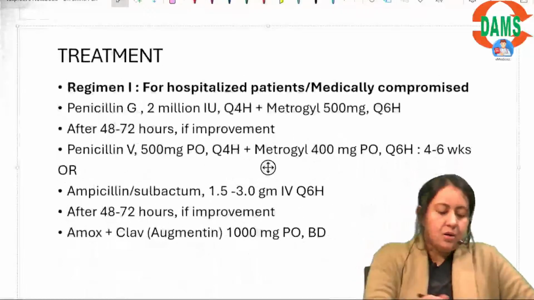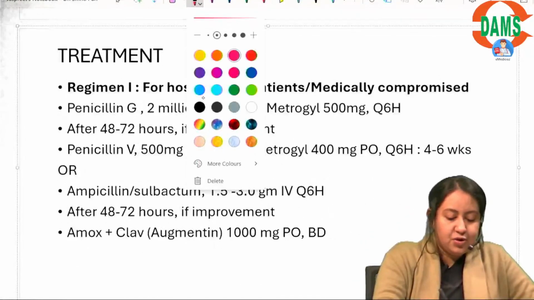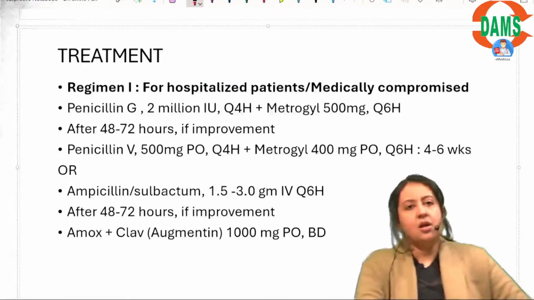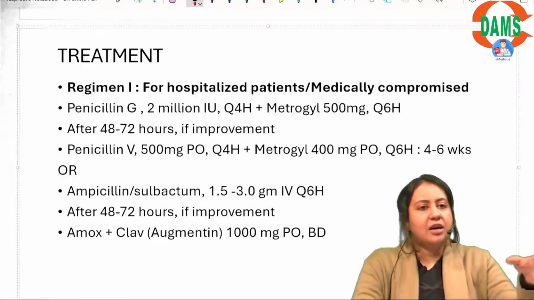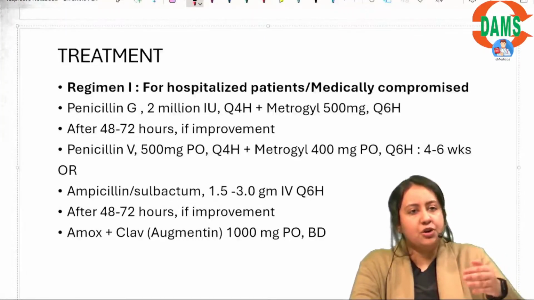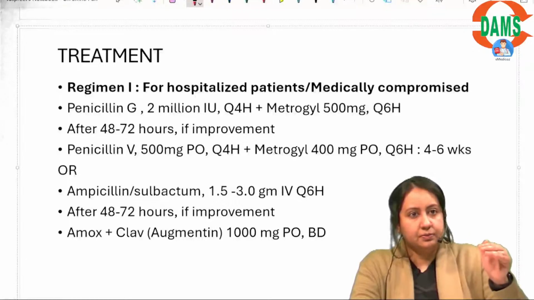Now coming to the treatment. First we are going to see the conservative treatment or the medical management, and then followed by the surgical one. Now treatment can take place either inpatient or the patients who are hospitalized, or patients who are being treated on OPD basis.